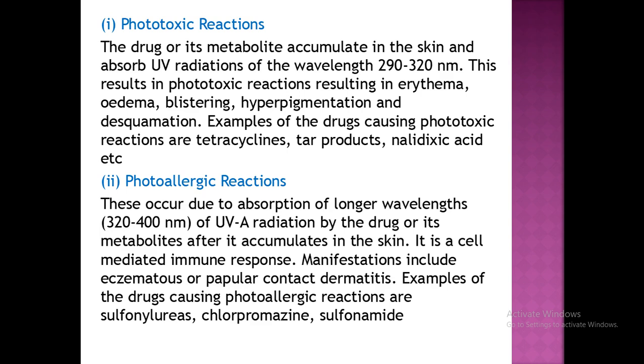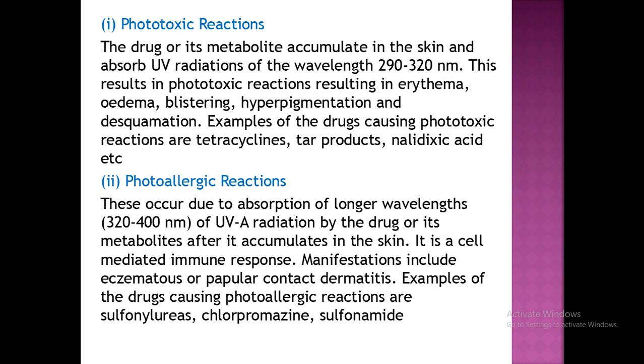And then photoallergic reactions. These occur due to absorption of longer wavelengths. So at shorter wavelength, 290 to 320 nanometers, phototoxic reactions are occurring. If longer wavelengths are absorbed, 320 to 400 nanometers of UVA radiation, photoallergic reactions will occur by the drug or its metabolites after it accumulates in the skin.